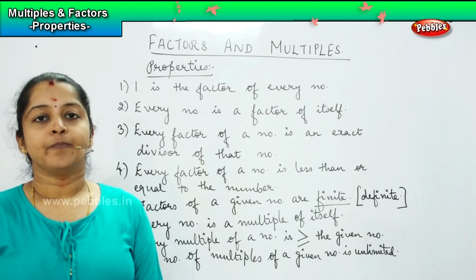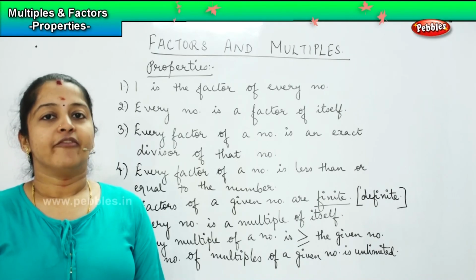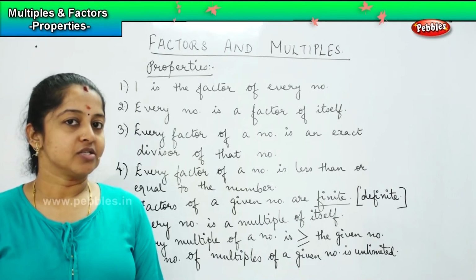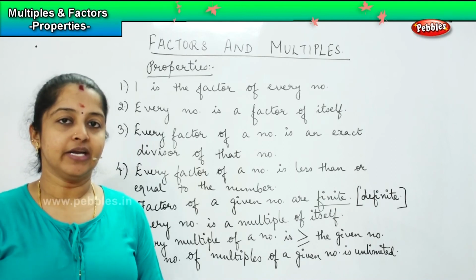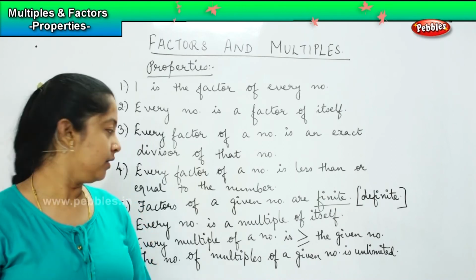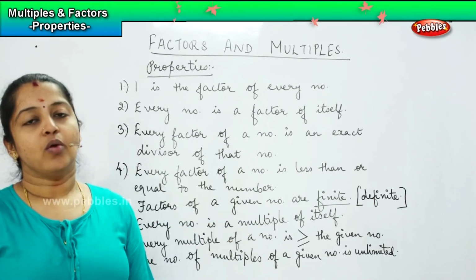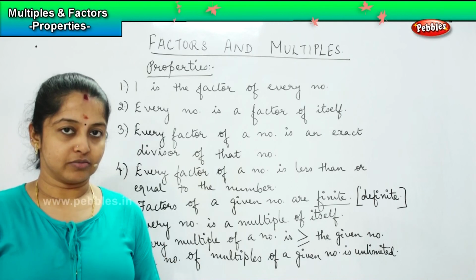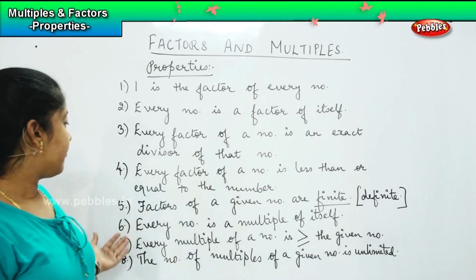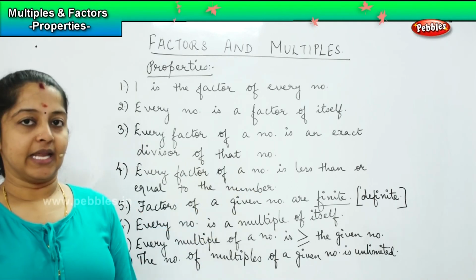So we can easily count the value of factors. It is not infinite. It is always definite. It is always finite. Clear? The next property, every number is a multiple of itself. Just as every factor is a factor of itself, similarly, every number is a multiple of itself.